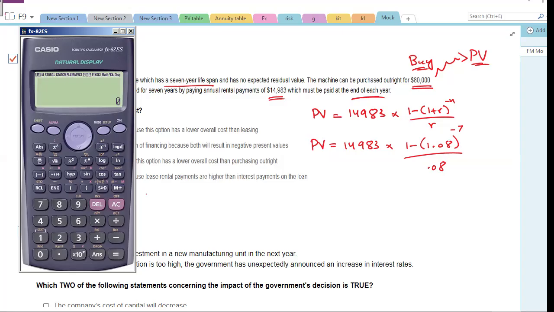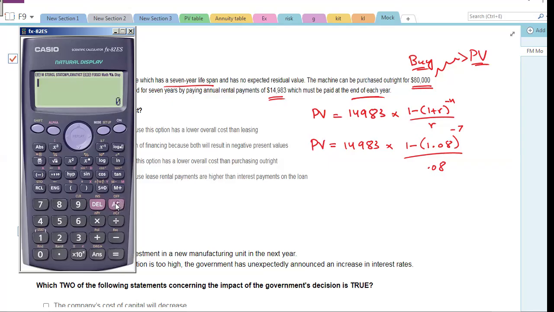So the quickest way to solve this: first, 1.08 raised to the power minus 7 is equal, and then you say 1 minus this answer, and then divided by 0.08.